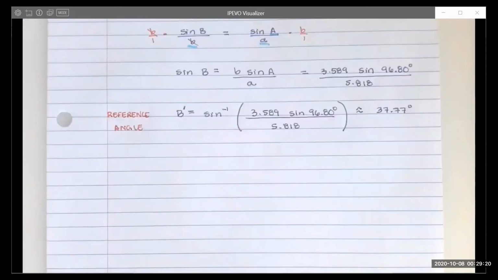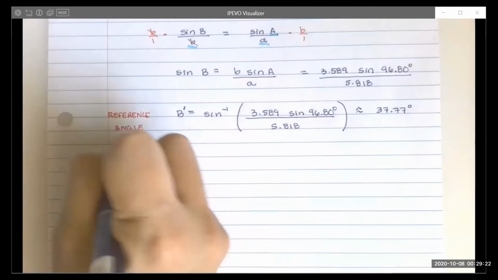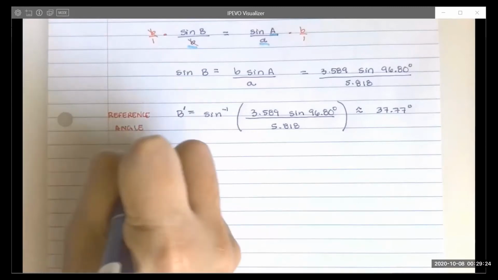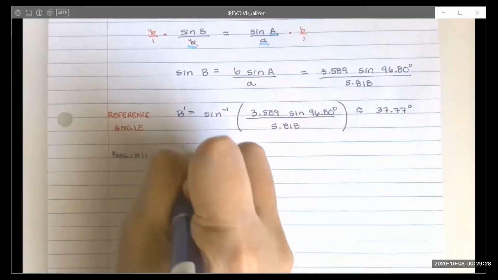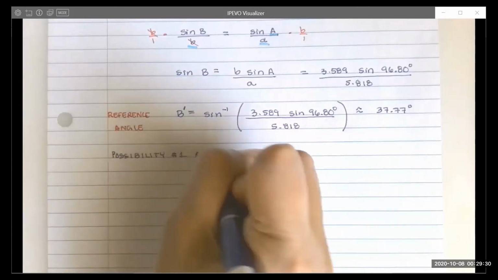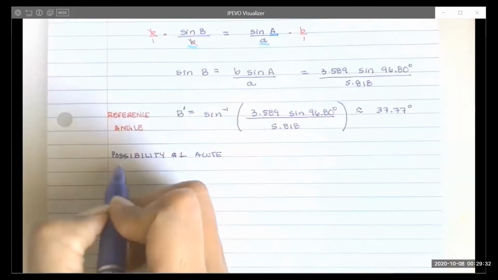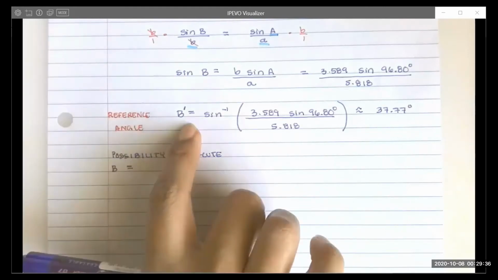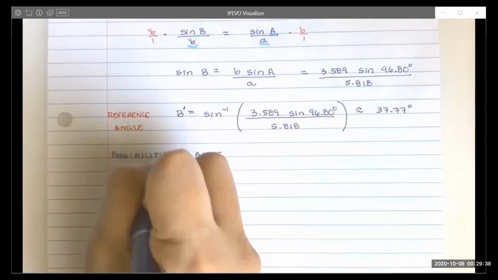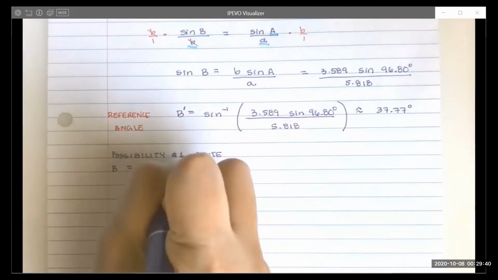All right, so now we look at the different possibilities. Possibility number 1 is the acute possibility, in which case angle B will be the reference angle, so it's going to be 37.77 degrees.